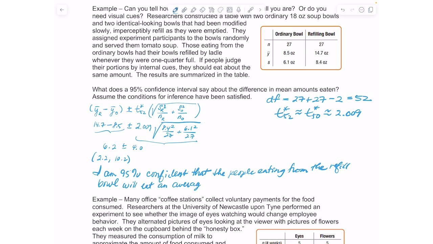And it's important to use that word because we're looking at the average amount eaten. We'll eat an average of between 2.2 ounces and 10.2 ounces more. Because remember, we're comparing two groups here. More than those eating from the ordinary bowls.